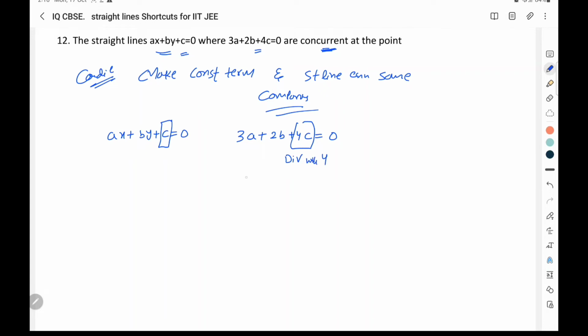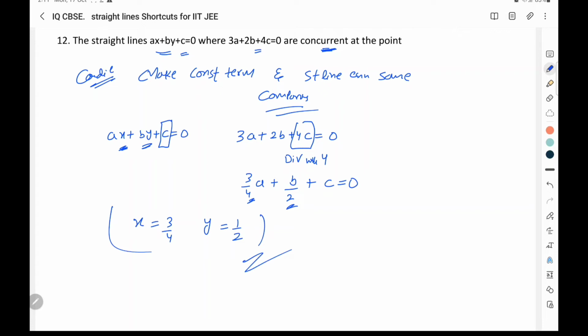Divide by 4. So 3 by 4 a plus 2b by 4, that is nothing but b by 2, plus here this is nothing but c. Now we start comparing. So I'll get the x value as 3 by 4 and the y value as 1 by 2. That is the point.